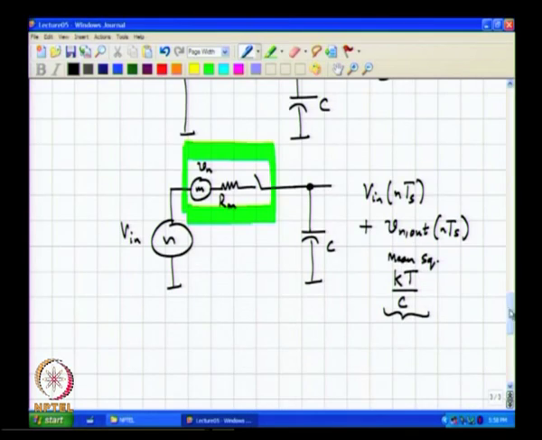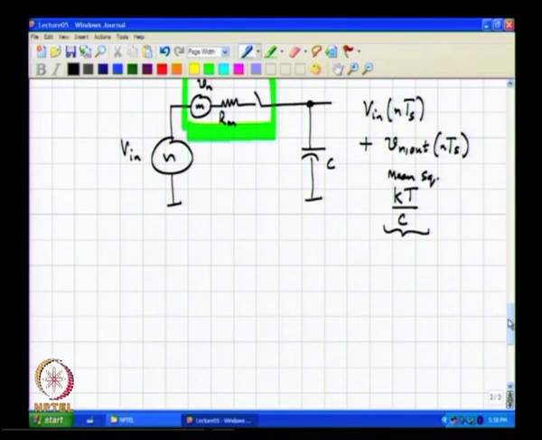All right. Before I get there, one minor point that I want to add is that, let us say you were sampling, right, you close the switch, you opened it, once you open the switch there is some noise voltage on the capacitor in addition to the signal.